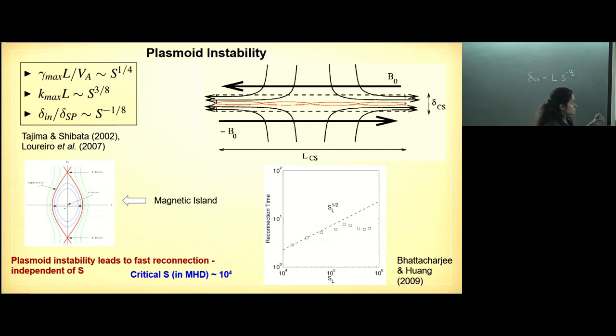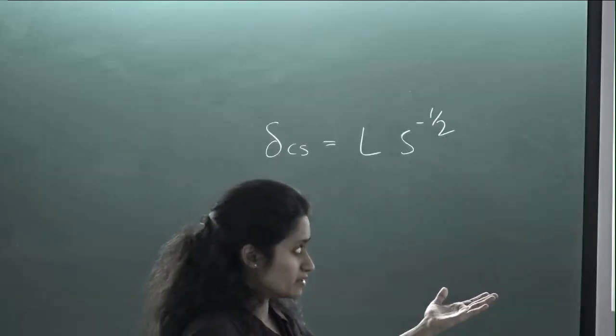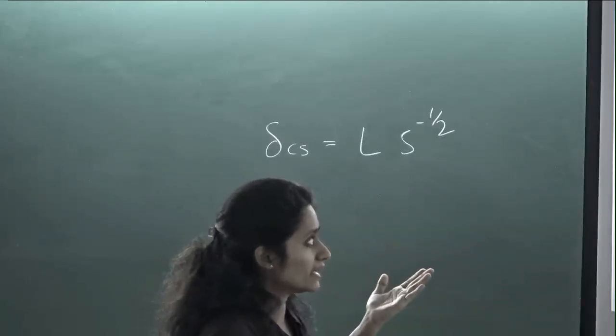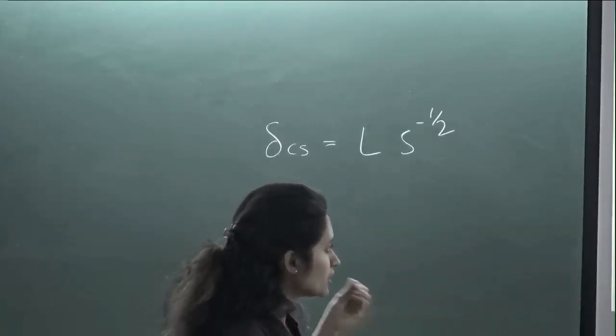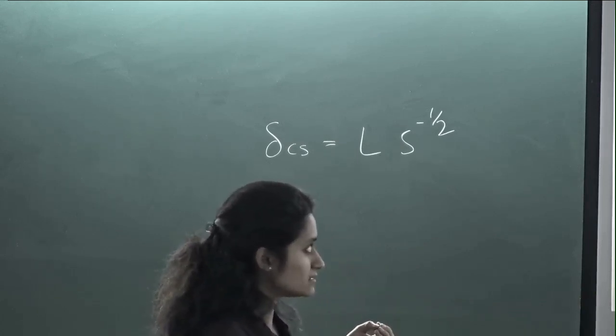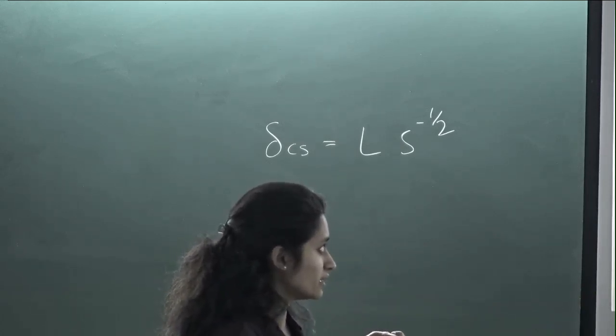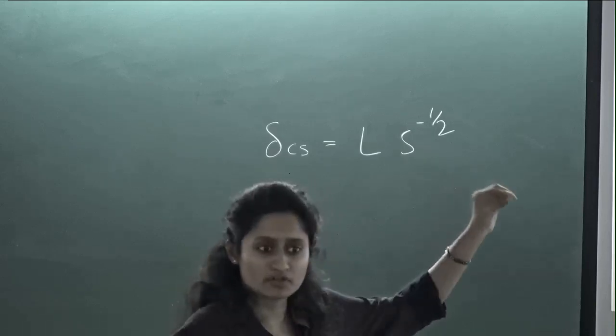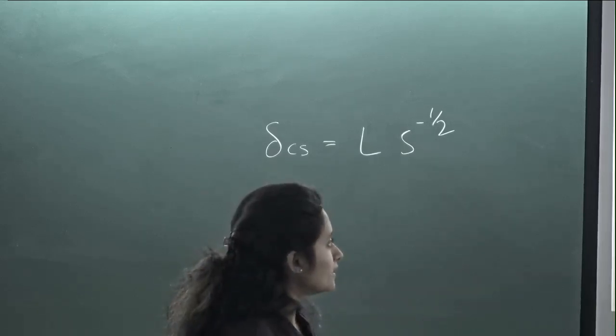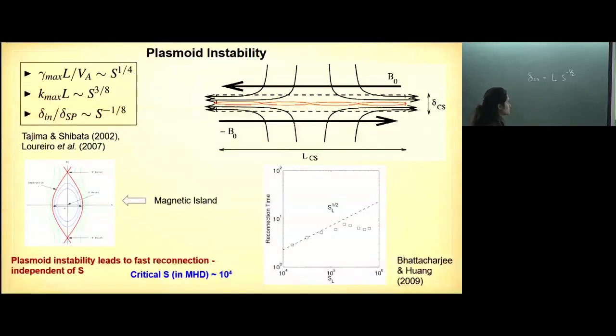And so if you introduce perturbations to the system, then it goes unstable and it forms these plasmoids. So what are plasmoids? They are basically magnetic islands. So these red things over here signify the formation of plasmoids. And if you do the calculation, then you find that the growth rate of this instability goes as the Lundquist number to the power of a positive fraction, as opposed to the Sweet-Parker model where it was a negative fraction.